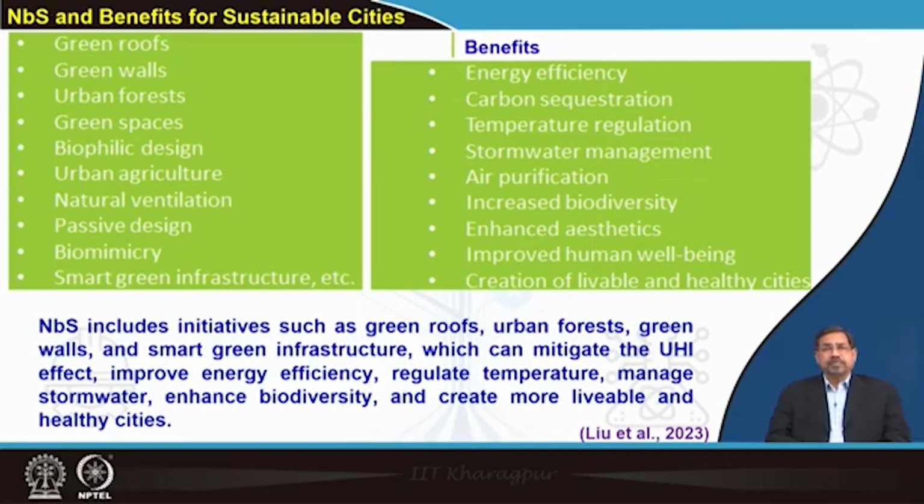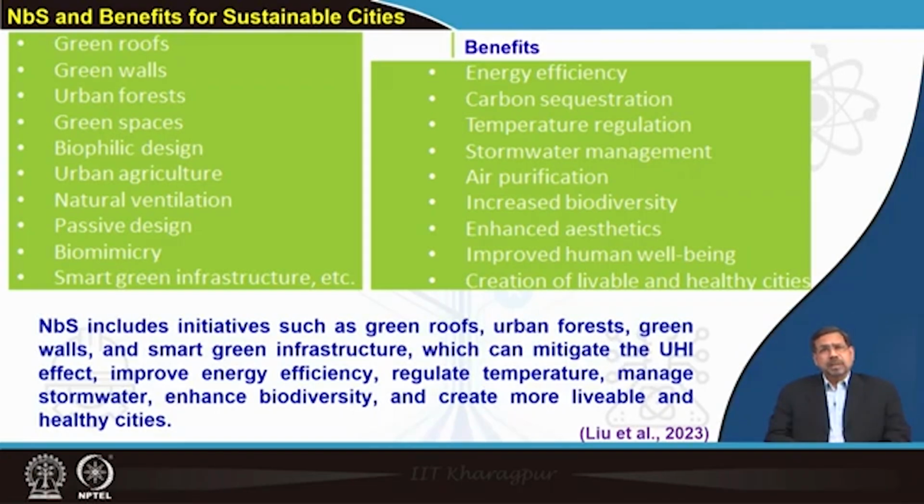All this falls under the nature based climate solutions for cities towards sustainability. The second is what benefits are received because of implementation of these nature based solutions. The first is energy efficiency. The moment we execute these nature based climate solutions, the benefits we receive are energy efficiency and carbon sequestration, because vegetation also sequesters a lot of carbon from the atmosphere. They also regulate temperature through transpiration or evaporative transpiration loss.